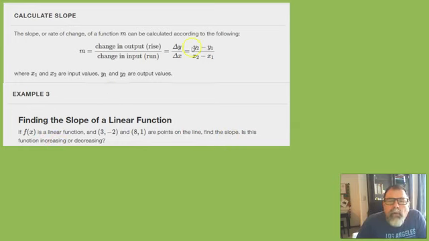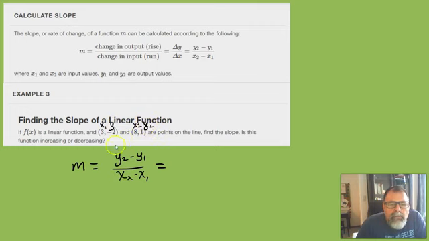Alright, so we're going to use the formula that we did in the previous example. So our slope is going to be y2 minus y1 over x2 minus x1. Remember, it doesn't matter which one you call point 1 and point 2, by the way. Usually the first one's point 1 for me. Second one would be point 2.